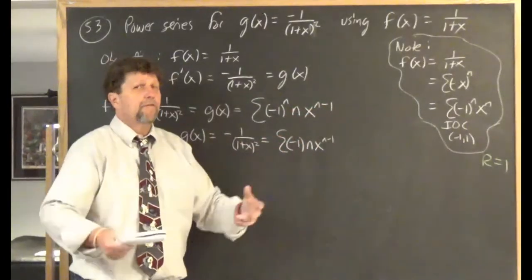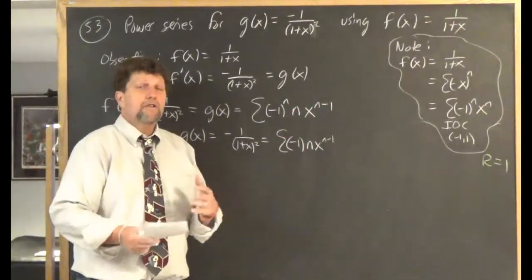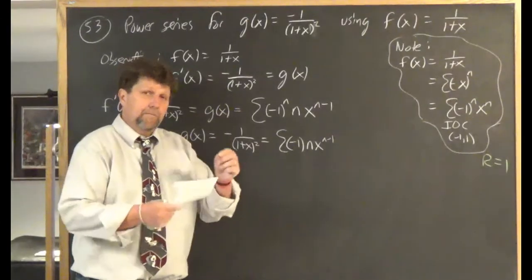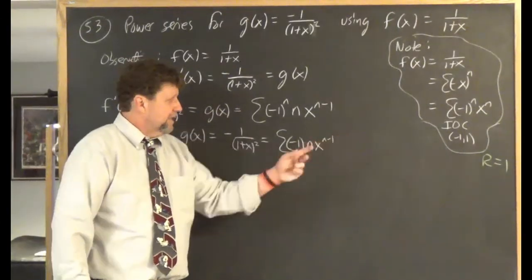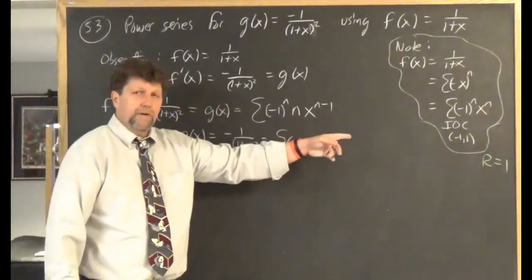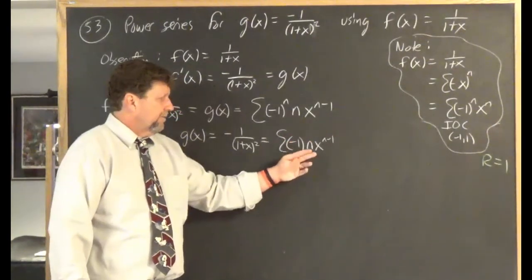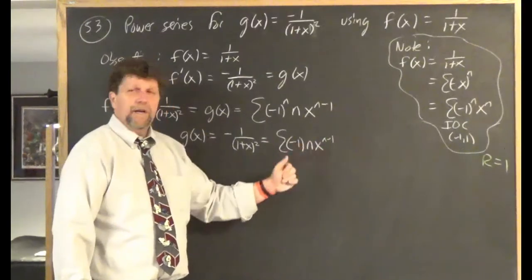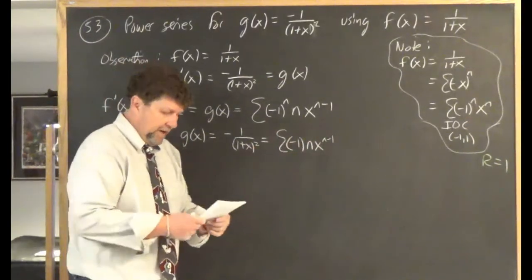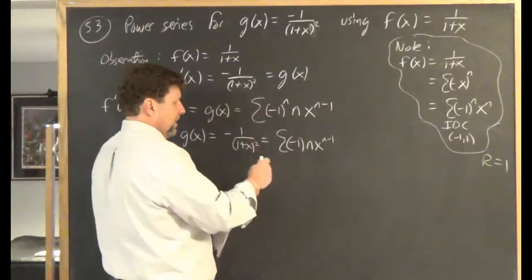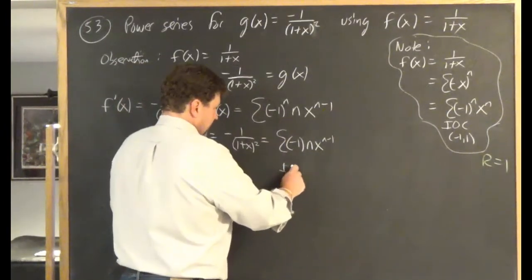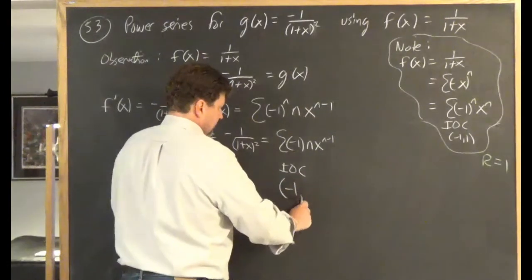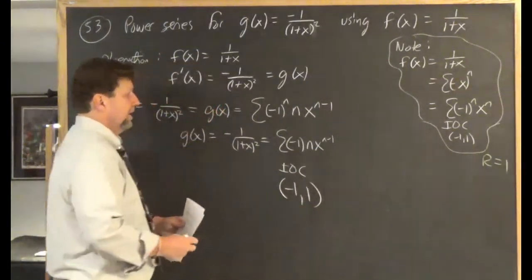When you differentiate or integrate, it doesn't change the radius of convergence. It may change the interval of convergence only at the endpoints. So we just need to check the endpoints negative 1 and 1. Put negative 1 in for x, see what happens, put 1 in for x. I'll leave it to you, but you're going to see that the interval of convergence is still negative 1 to 1.